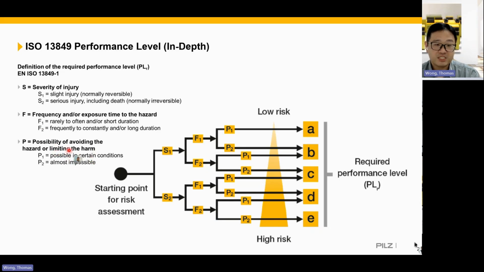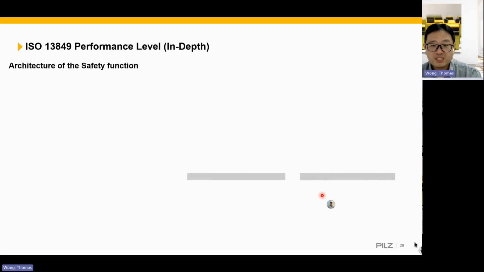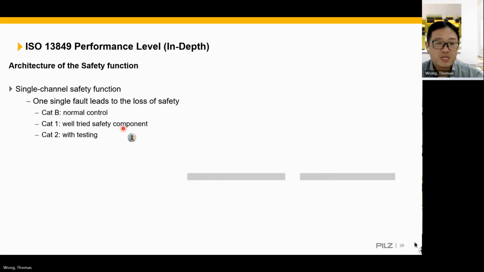Yes, I can avoid it in certain conditions, so it's P1. Then the performance level required will be performance level D. Take note, the higher the letter, the higher the risk, which means the safety component needed is of better quality, with better diagnostics and functions to address all the faults. Okay. Other things to look at will also be the architecture of the safety functions.